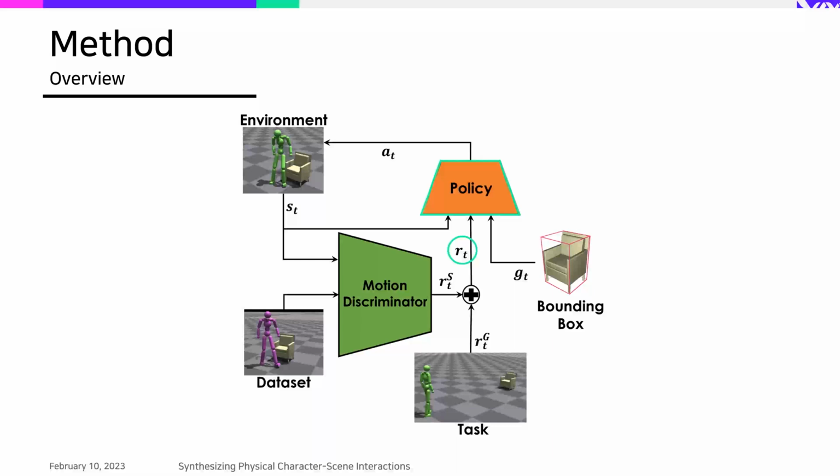And the difference is that the previous paper AMP didn't deal with the task of human scene interaction, such as carrying boxes or sitting on a sofa.